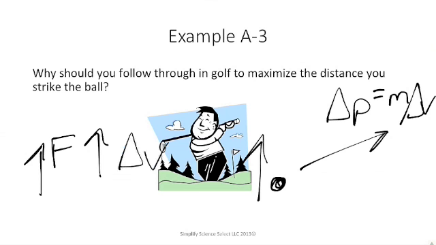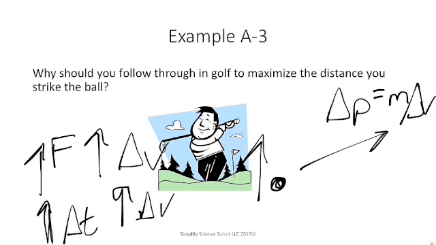The second thing that you can do is increase the time the force is applied. If you can increase the contact time that that force is applied, you can also increase the change in velocity. So how do you increase the contact time? Well, that's what happens when you follow through. When you follow through, the club is in contact with the ball for just a little bit longer, imparting more force and resulting in a bigger change in velocity and therefore a larger hit.